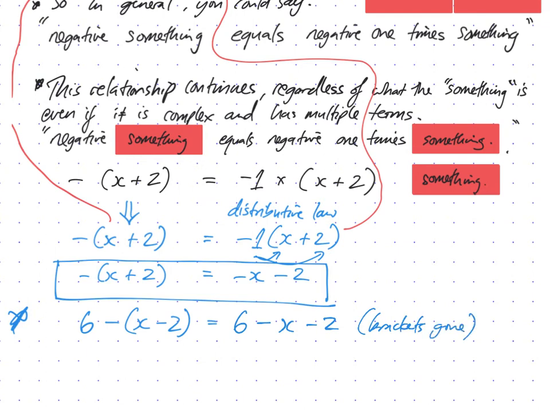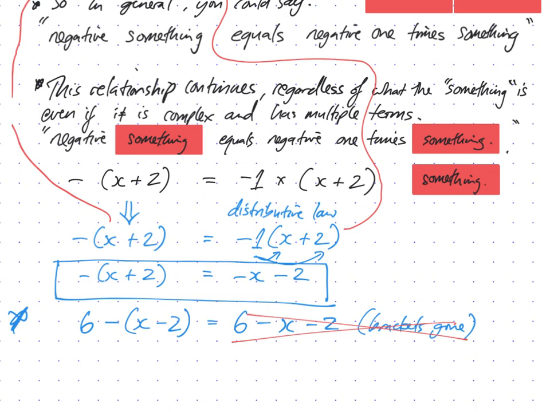That's not correct, because that negative was not distributed to both the x and the negative 2. It was distributed to the x because a negative version of x is negative x, but a negative version of negative 2 is not negative 2.